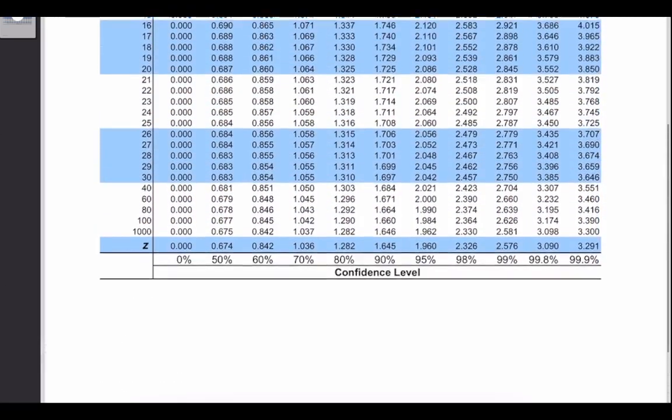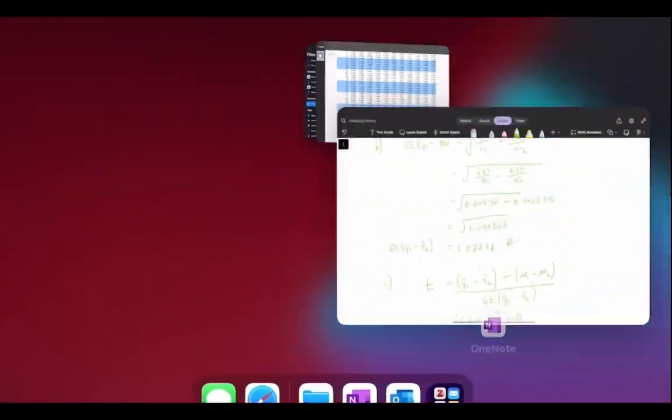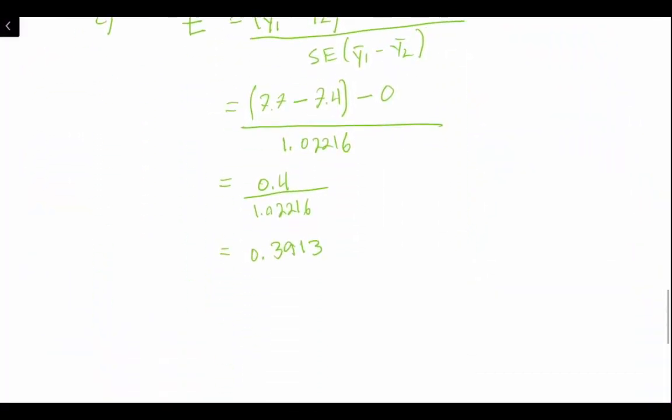So let's go ahead and calculate how many degrees of freedom we have. So this equation is a little bit long, as I'm sure you remember.